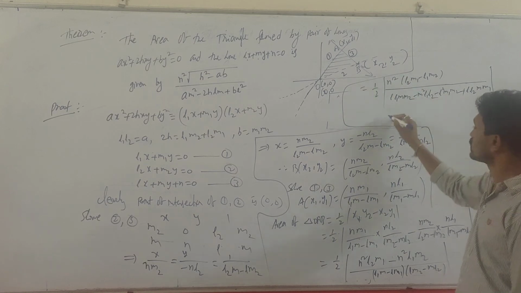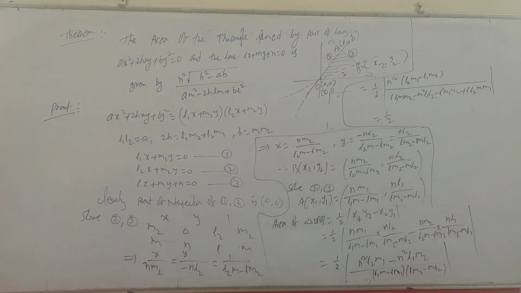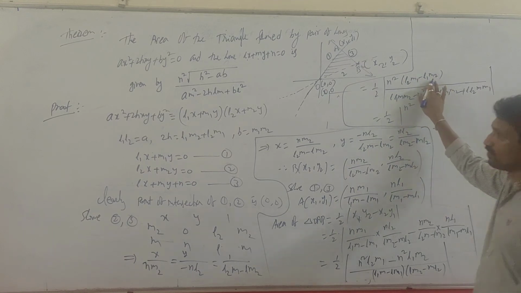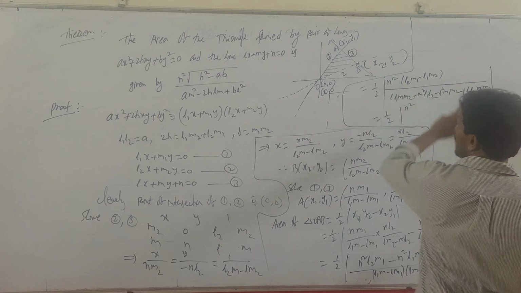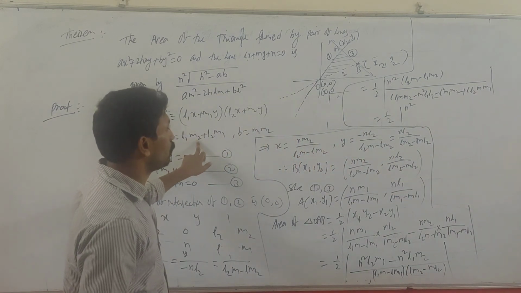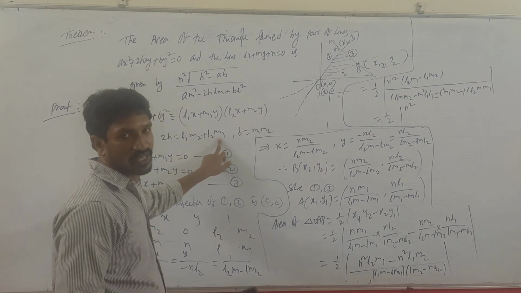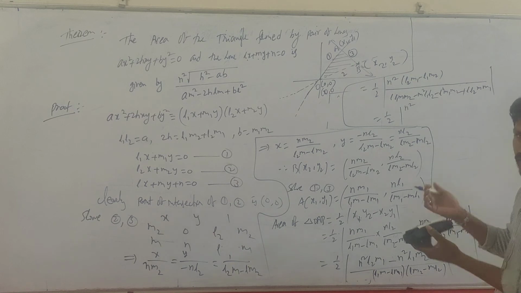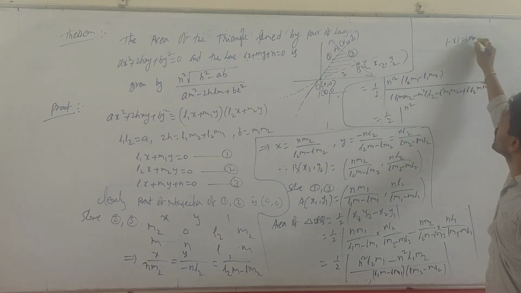This is for modulus. This is equal to half into modulus of m square into this one. A minus b is there. Actually here L2 m1 minus L1 m2 is there. See here L1 m2 plus L2 m1 is there. In modulus, if you take minus common, again you get modulus of minus x is equal to mod x only.